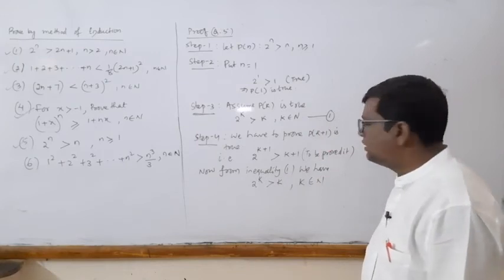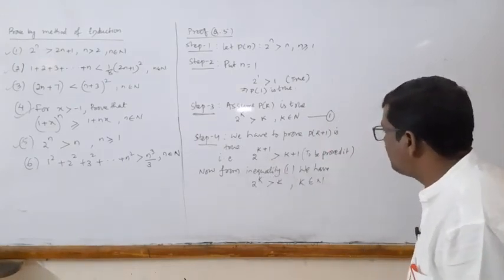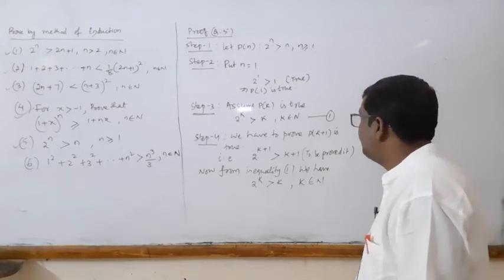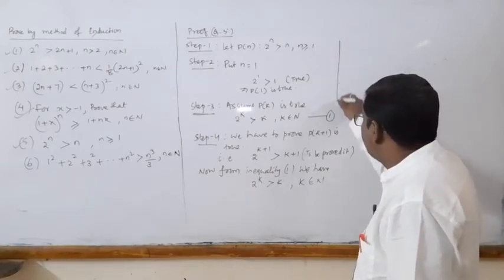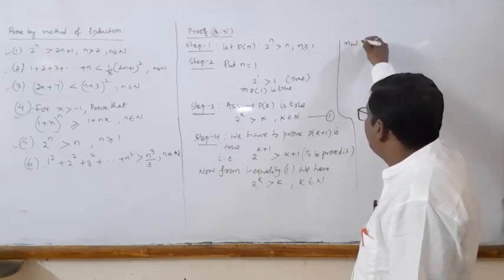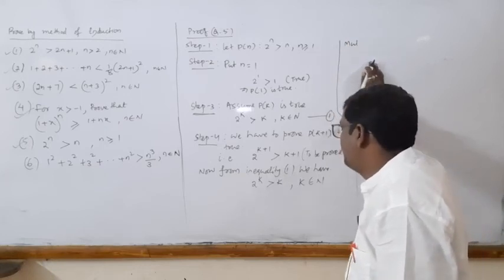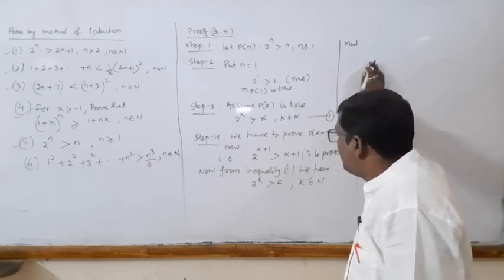But the requirement is 2 to the power k plus 1. So multiply both sides by 2.